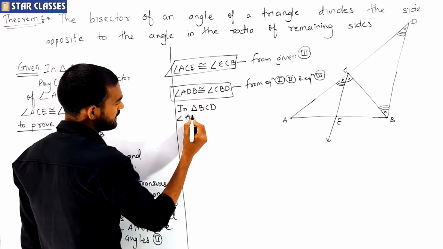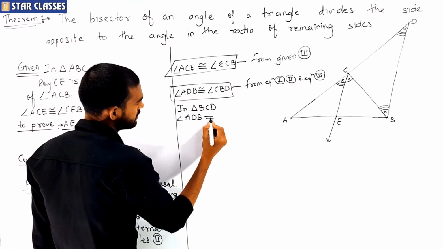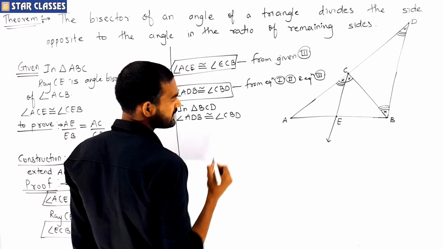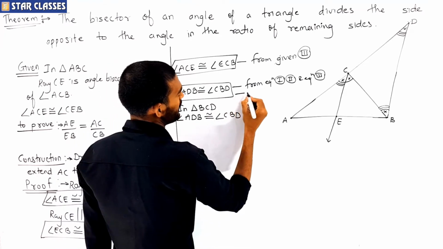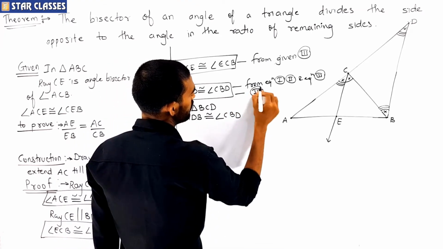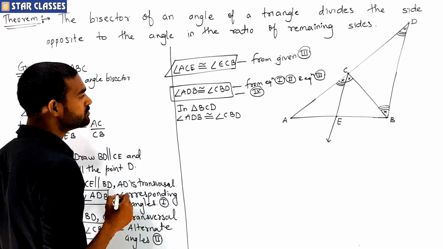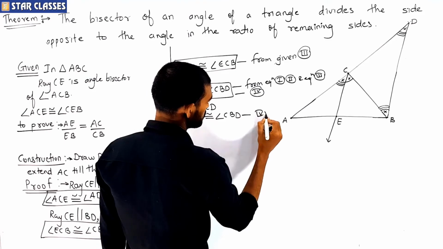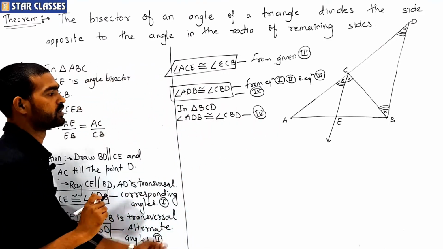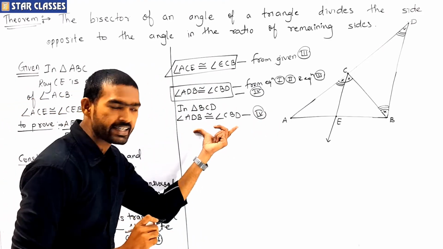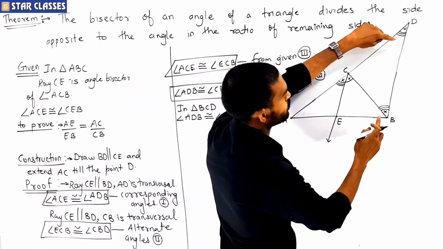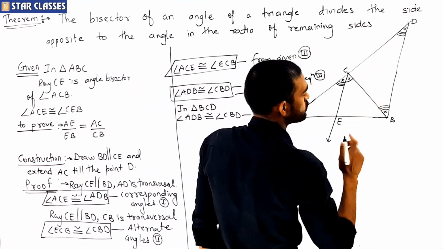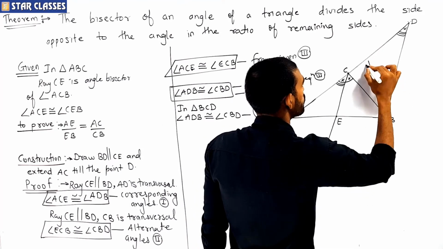We know that ADB is congruent to CBD, and this is my equation number 4. Now since two angles are equal, therefore their opposite sides are also congruent.